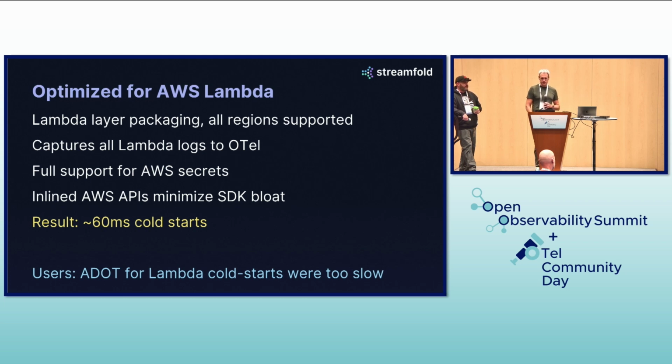Definitely some tuning to do here. Comparatively, we were talking with users that were using the AWS Lambda, and the cold start times on that were really too slow. So this allowed people to pull back and go back to OpenTelemetry in the Lambda environment, where before that was a showstopper.